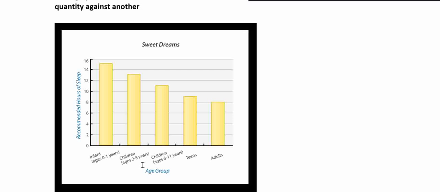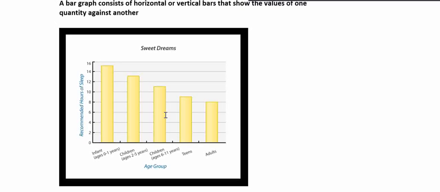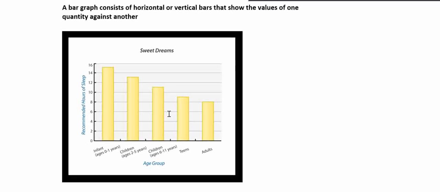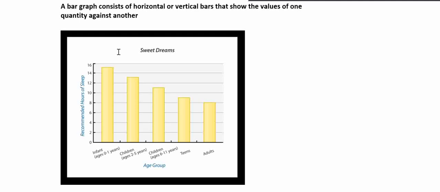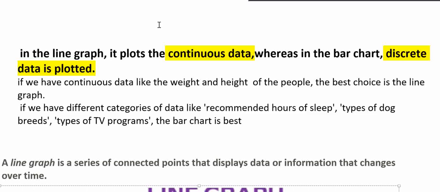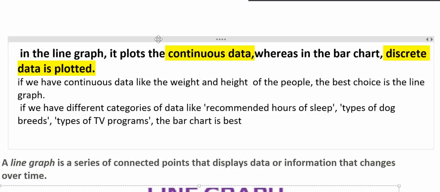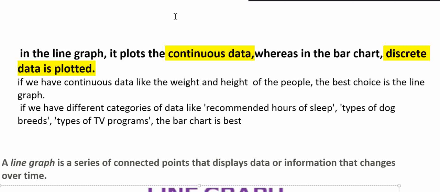Children 2 to 5 years need 13 hours of sleep. So this is when we should use the bar graph: to show the values of one quantity against the other, with discrete data. We hope it's clear about discrete and continuous data, when to use a line graph and when to use a bar graph. Bye-bye, and see you in the next video for the other topic.